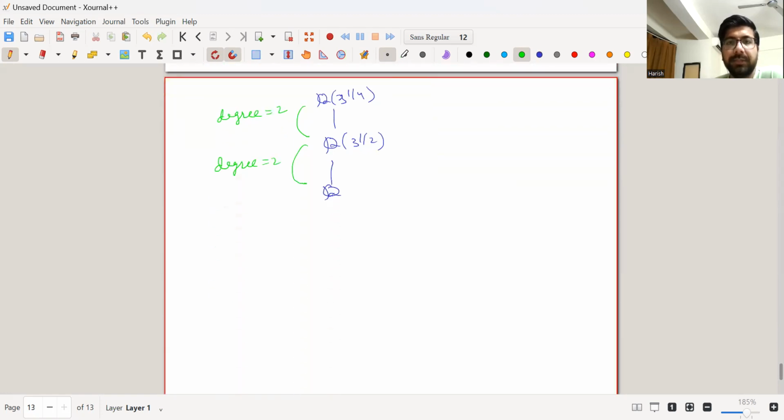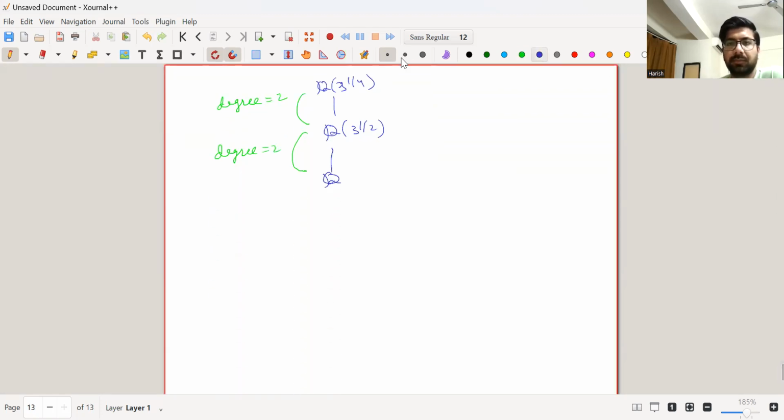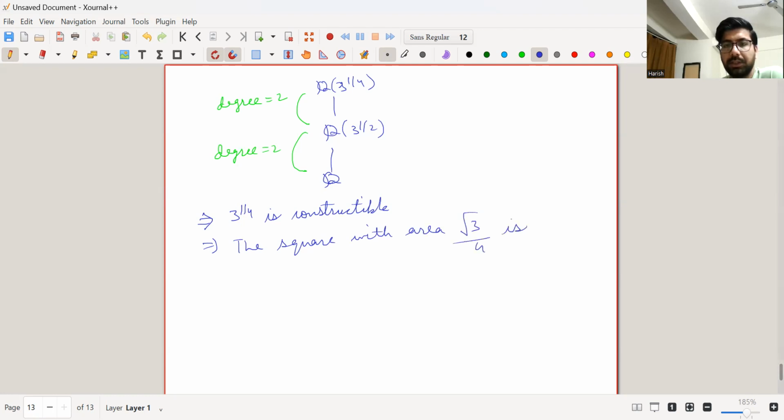So this implies 3^(1/4) is constructible, and that implies the square with area root 3 by 4 is constructible.